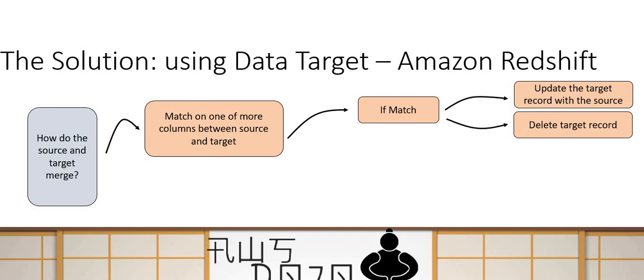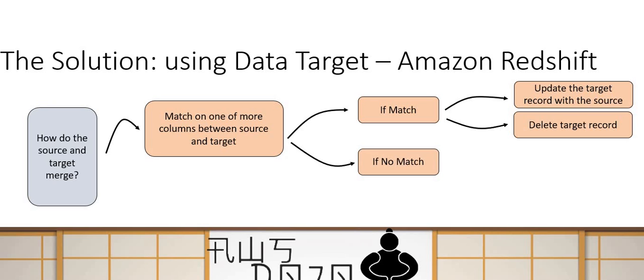One is you can update the target record with the source record. So if the records match based on keys like email ID or customer ID, then you can decide to update the target record, which is in the Redshift database table, with the source record. Or you can decide to delete the target record.